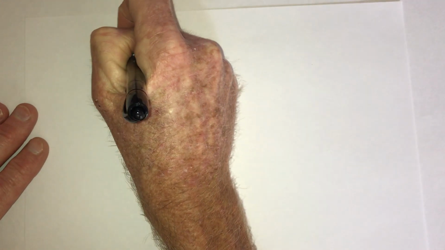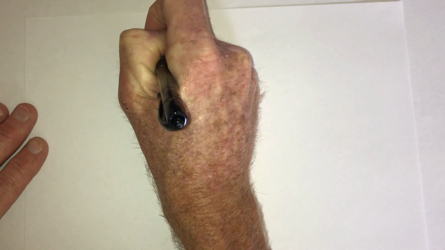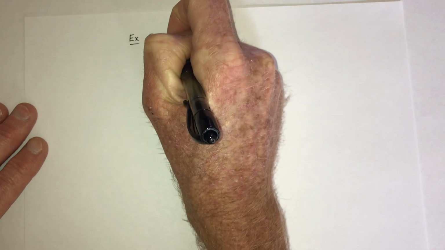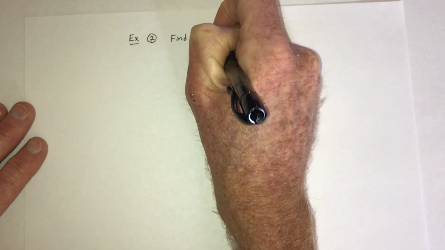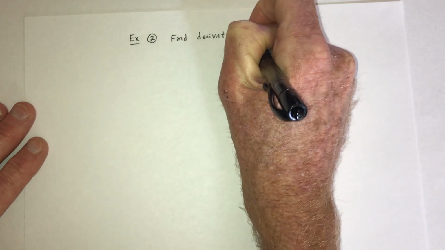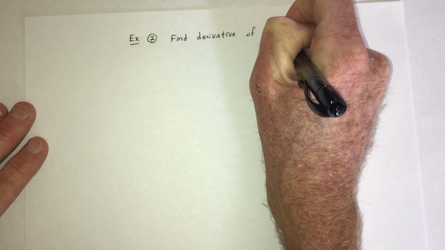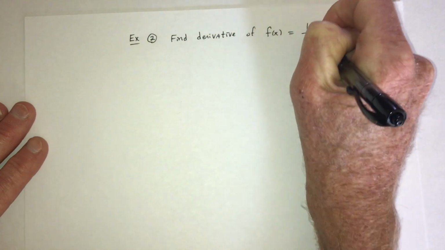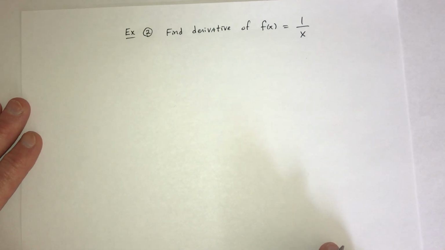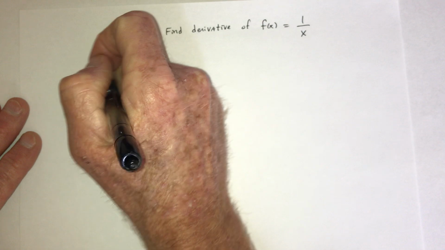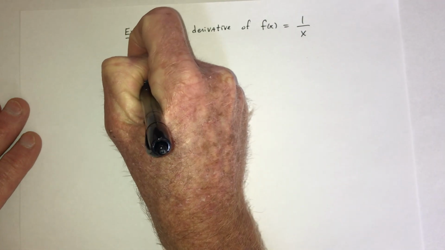Then how about example number 2? Find the derivative of 1 over x. So, by the way, a little bit of notation.